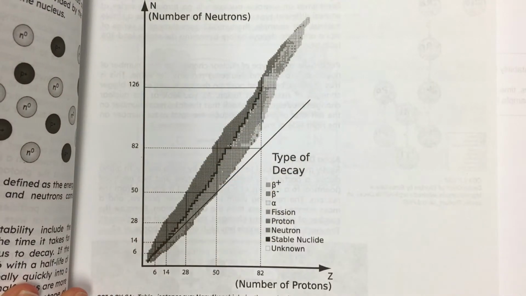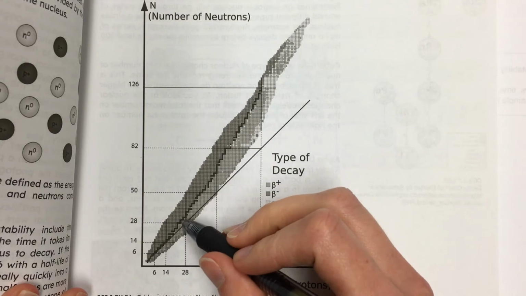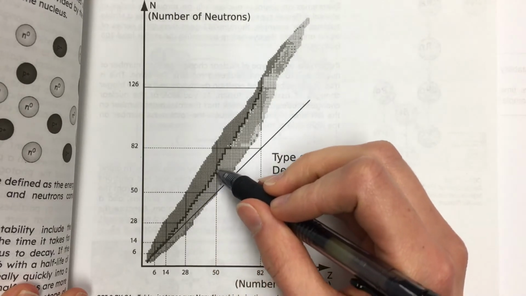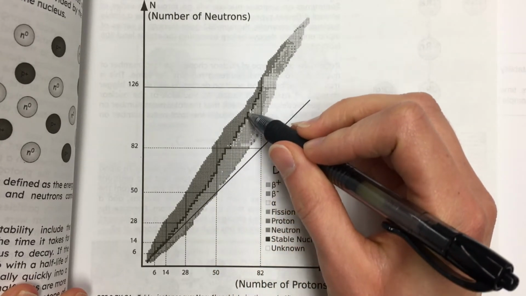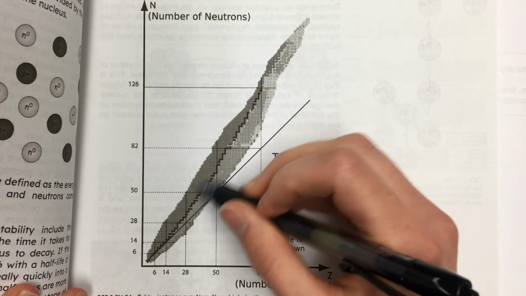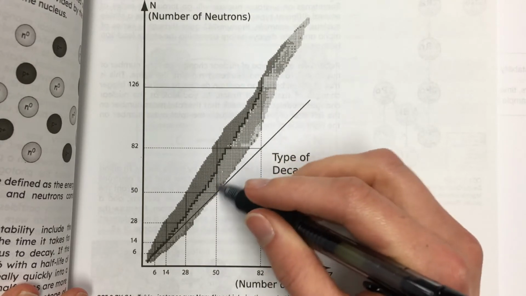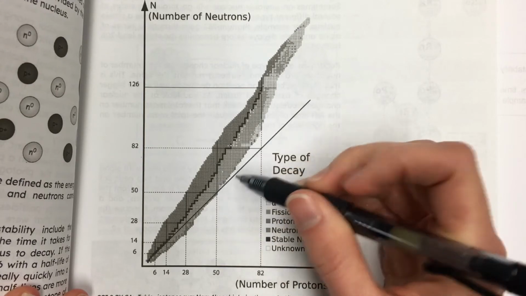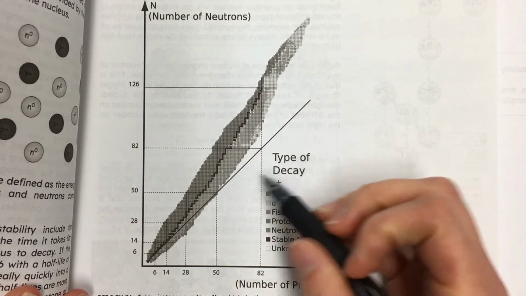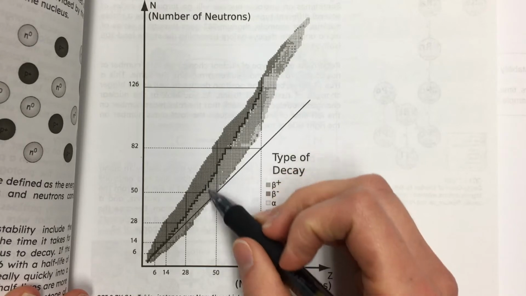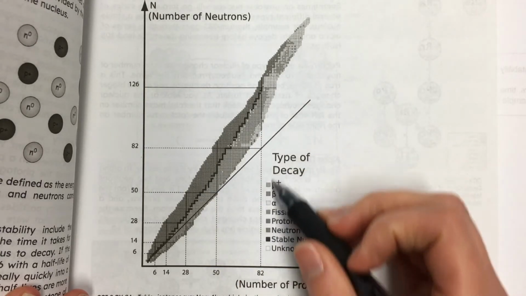And if you can see this black line right here, any nucleus that is on this black line is stable. Anything that's above it in this gray part over here or this gray part over here is going to be unstable, and it's going to give off some kind of radioactivity. And the different colors kind of tell you which type of radioactivity it gives off.